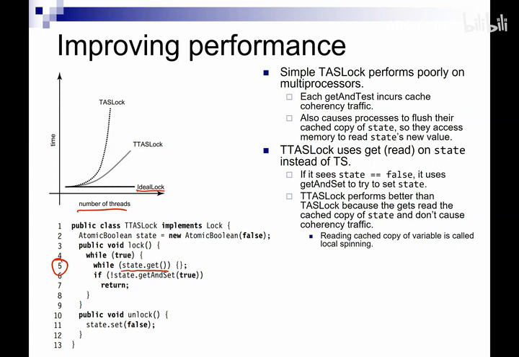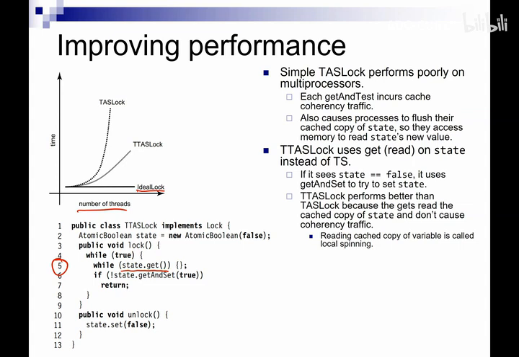However, if you repeatedly read a variable, then you can cache that variable in your cache. And as long as the variable doesn't change value, you don't cause any additional cache coherency traffic. The get and set always causes cache coherency traffic, whether or not the variable changes value.